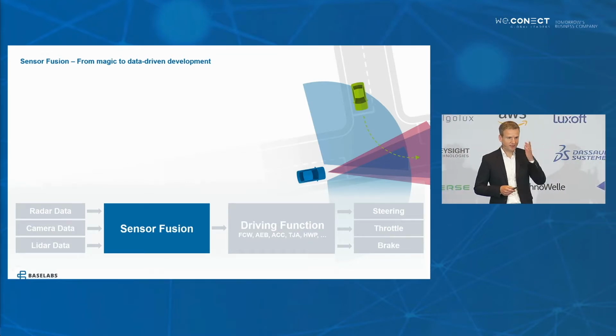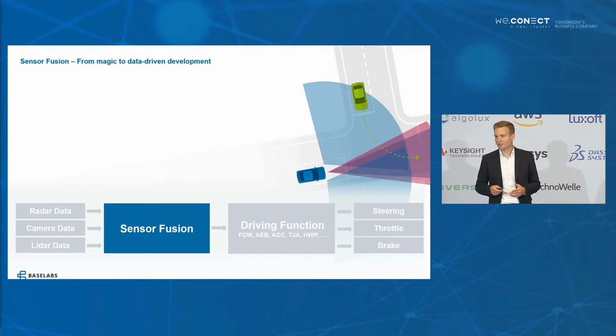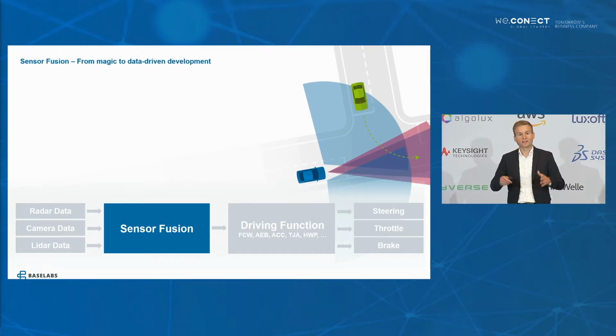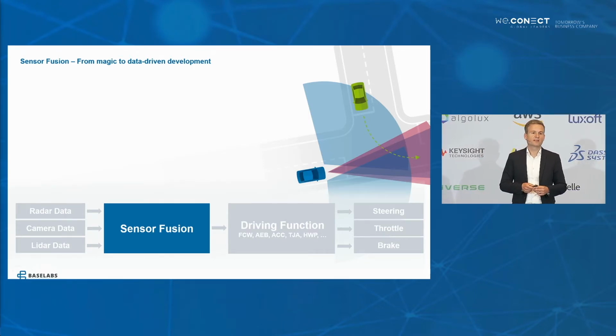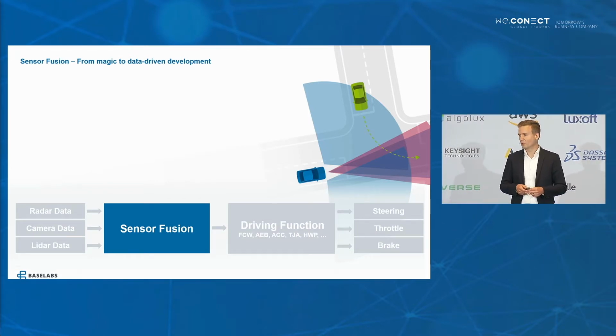On the right-hand side, you find the actual vehicle control. That's the action that has to be performed in order to control the vehicle, that's steering, braking, and so on. And on the left-hand side, you find the actual sensors that drive that whole process.